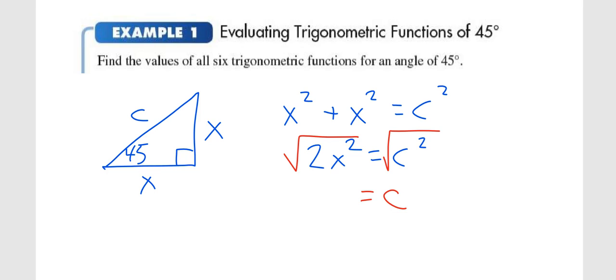Now it has come to my attention that we possibly don't remember how to simplify radicals.